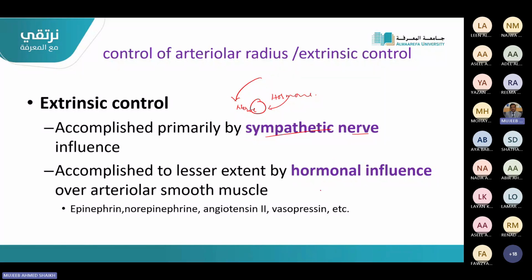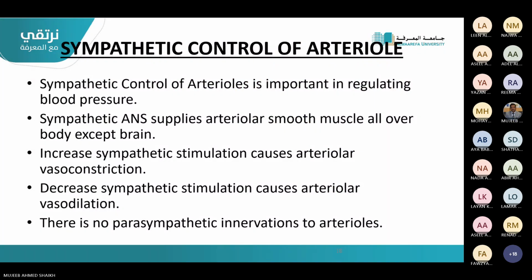Hormonal influences like release of epinephrine, norepinephrine, angiotensin, vasopressin, all will lead to vasoconstriction. This is coming from outside. That's why they are known as extrinsic mechanisms of control of the arteriolar radius.